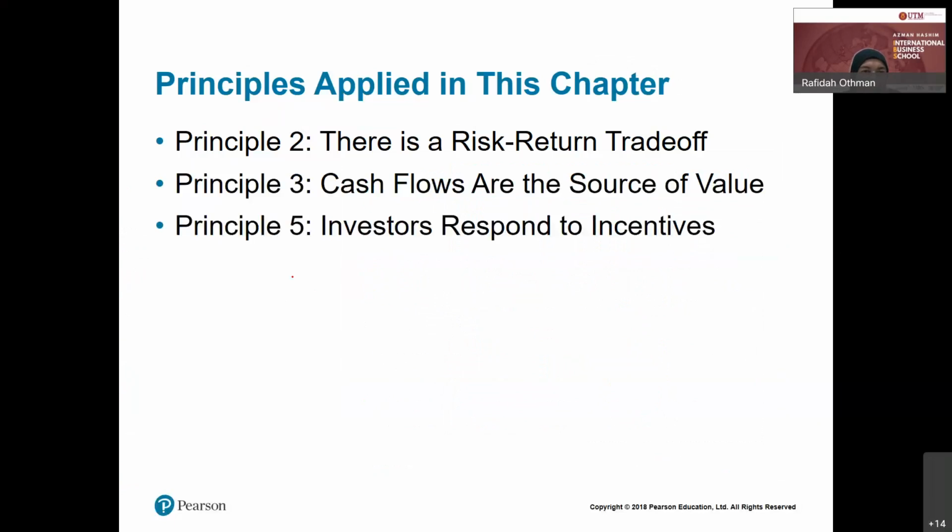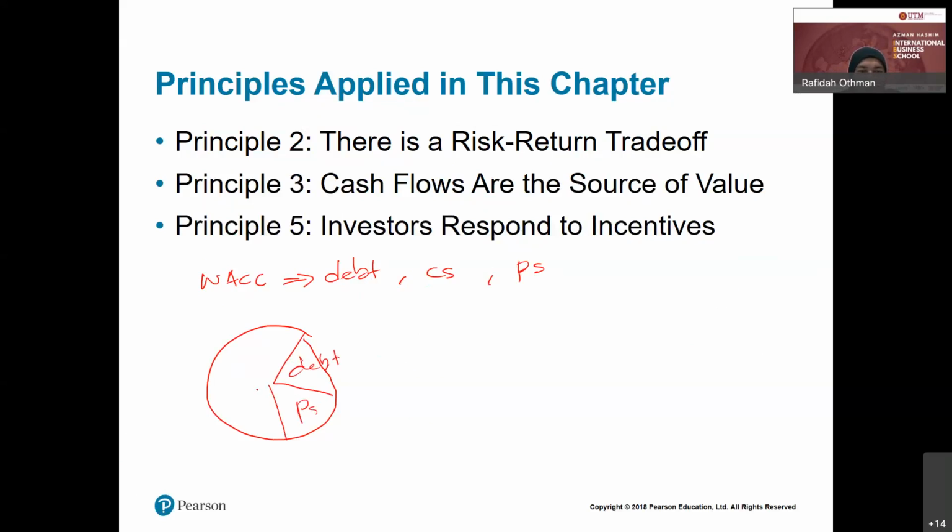Here we will see the principle or theory of capital structure. WACC means you have debt, common stock, and preferred stock. In your pie, there will be a component of debt, preferred stock, and common stock. These are the composition of the capital.